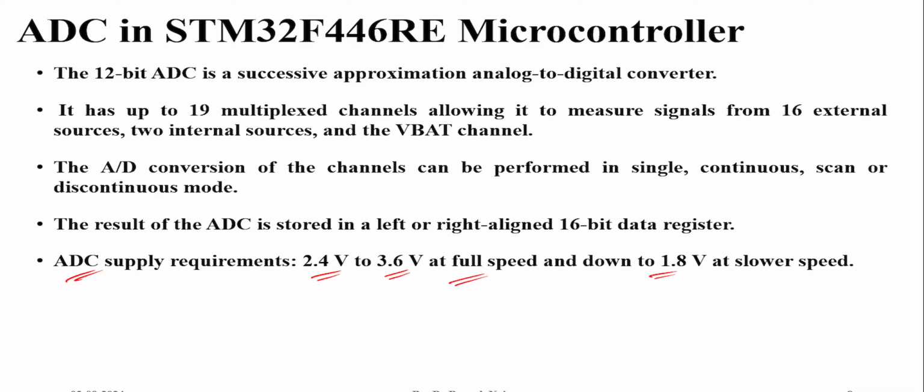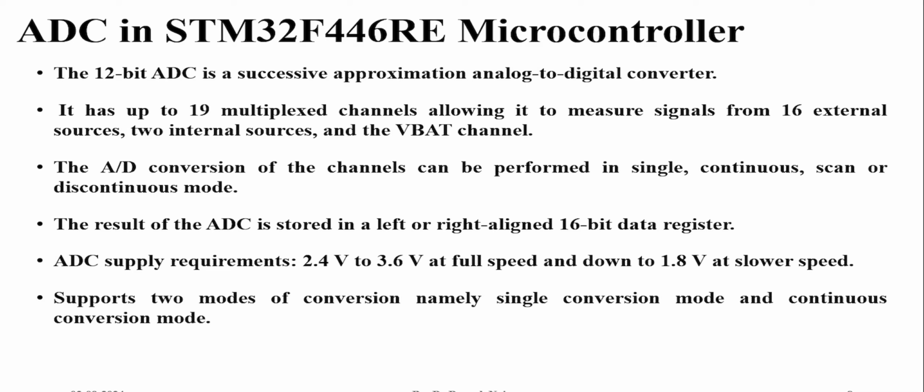Slower speed means a slower conversion rate, and full speed means the maximum rate at which the conversion can take place. It supports 2 modes of conversion, namely single conversion mode and continuous conversion mode. There are other features which are not discussed here. For that, I recommend you go through the data sheet of the microcontroller.